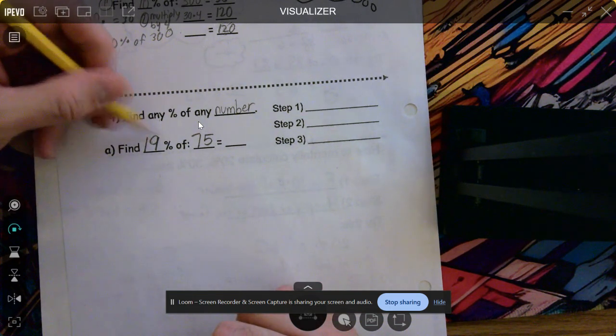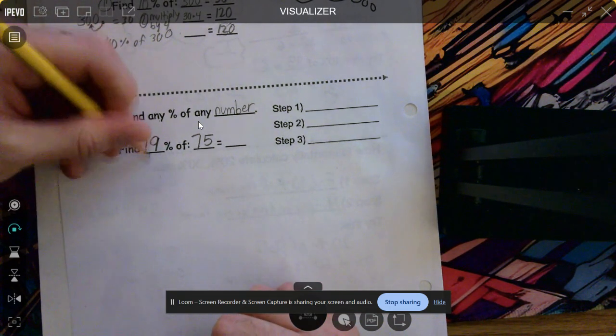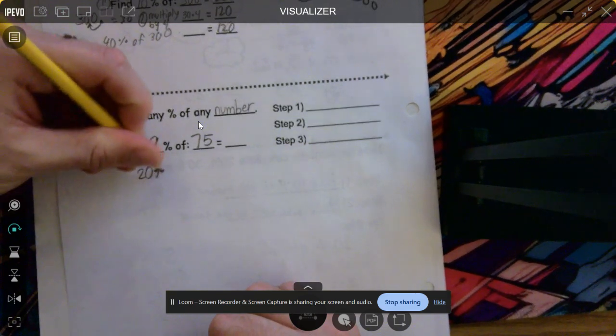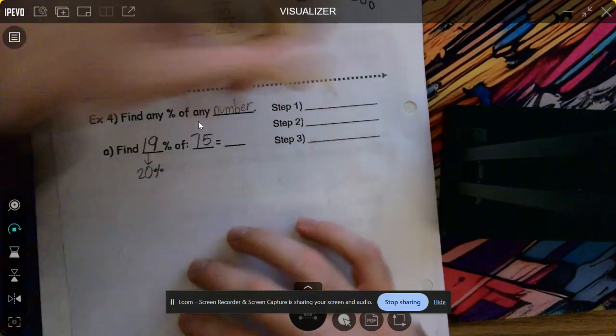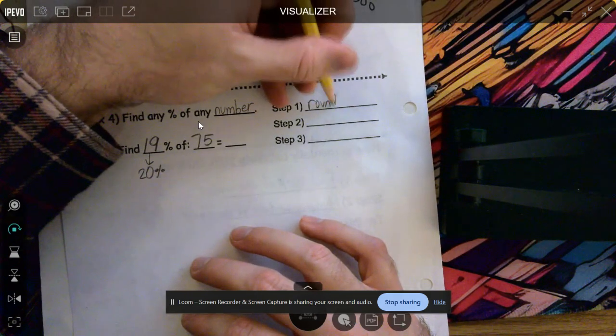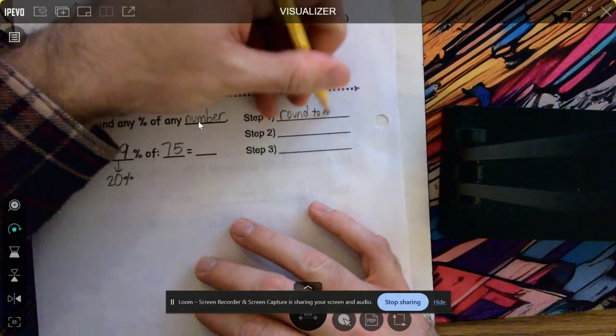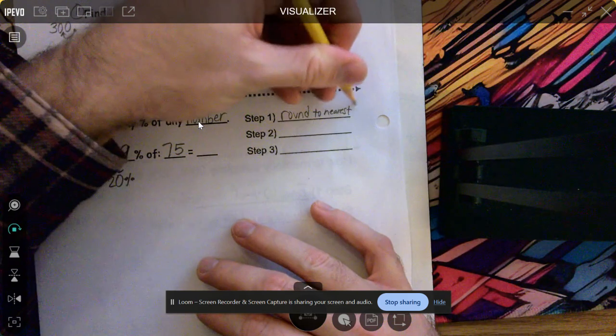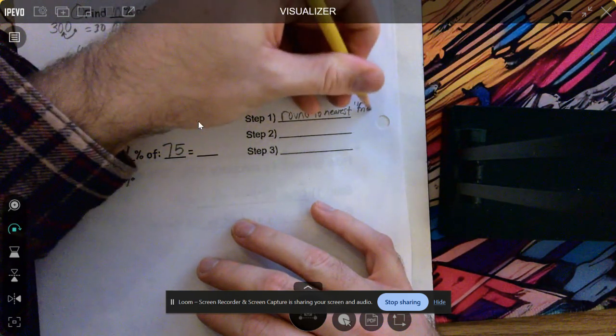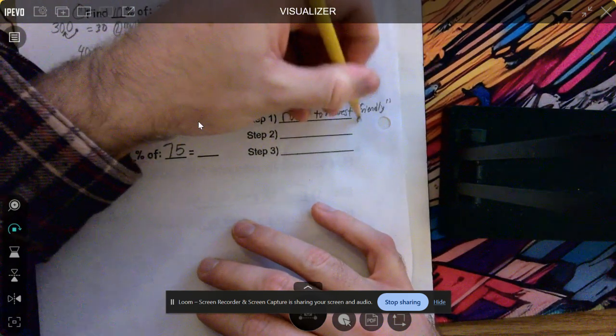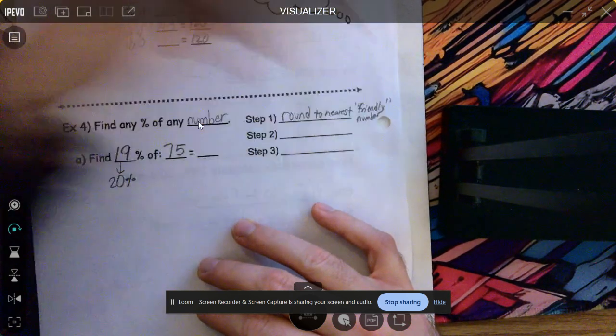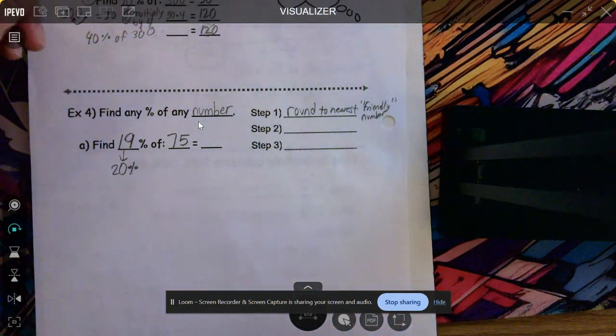We can round this up. This is super close to what number? We can say that this is about 20%. So our first step is we want to round to the nearest friendly number. A friendly number ends in 5 or ends in a 0, right? So that's what we're going to do first.